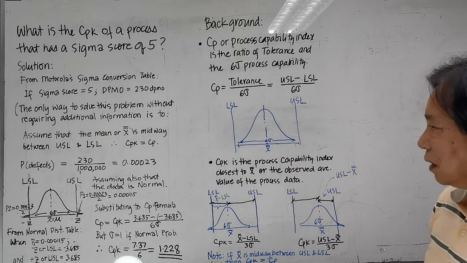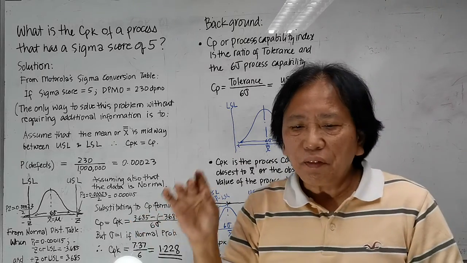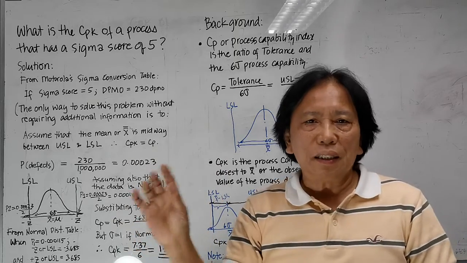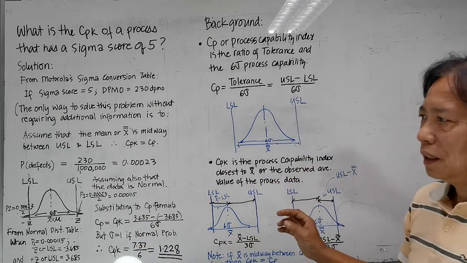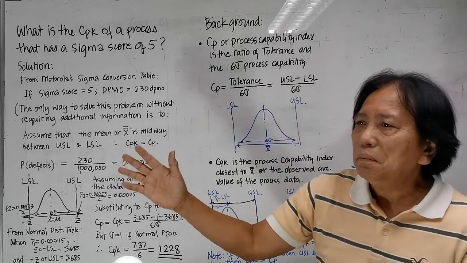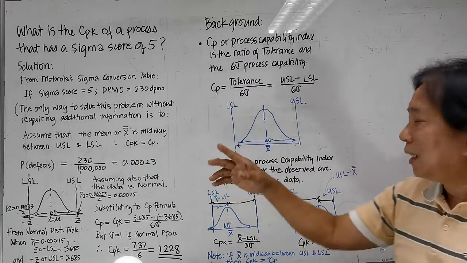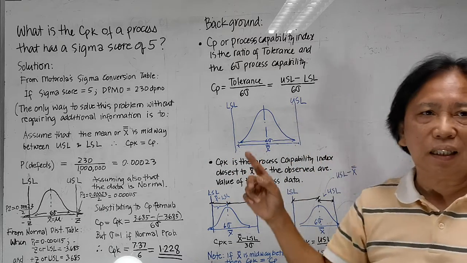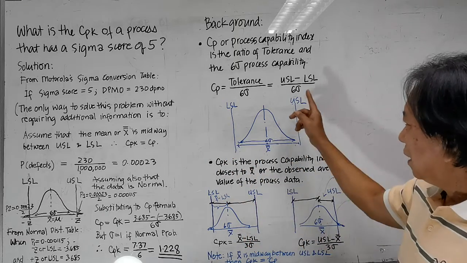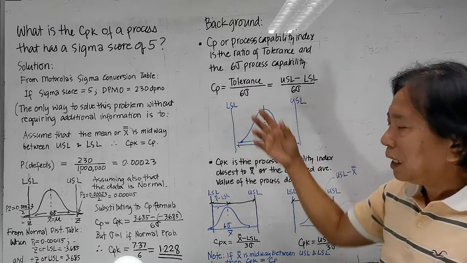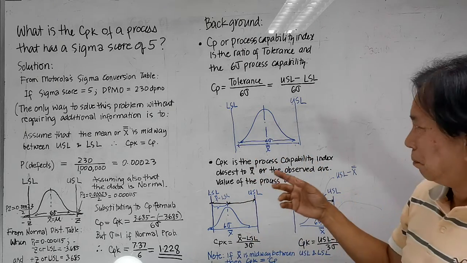Take note, for example, if thickness is the characteristic that we are interested to control, so there is a maximum thickness that the customer can accept, and that is USL. There is also a minimum thickness that the customer can accept.